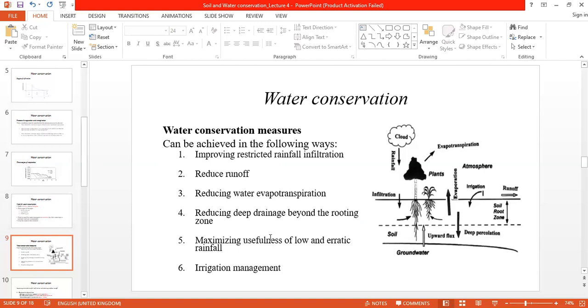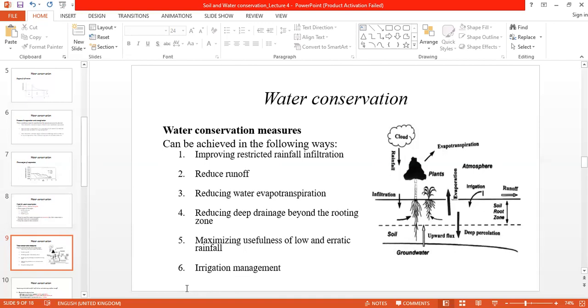But also, because now we have less amount of water, we can also do irrigation management. So we keep our water and we know when to irrigate. We harvest the rainwater and keep it. Then it will be us now knowing, okay, now the soil is saturated, we keep the water.